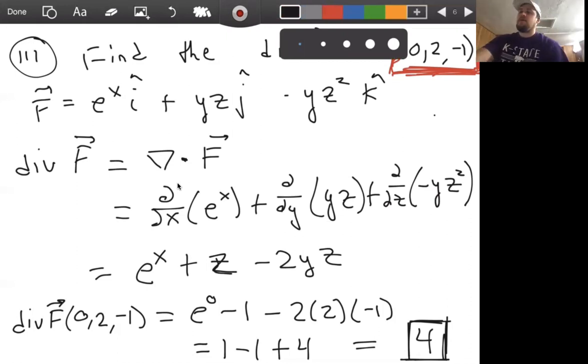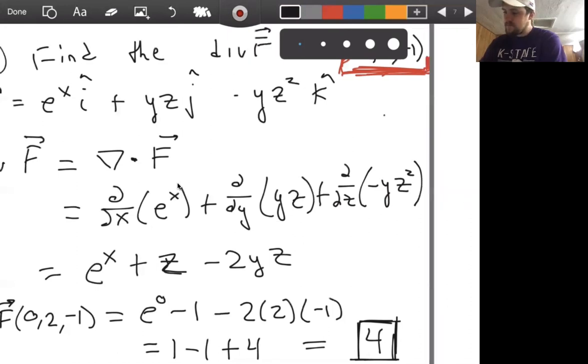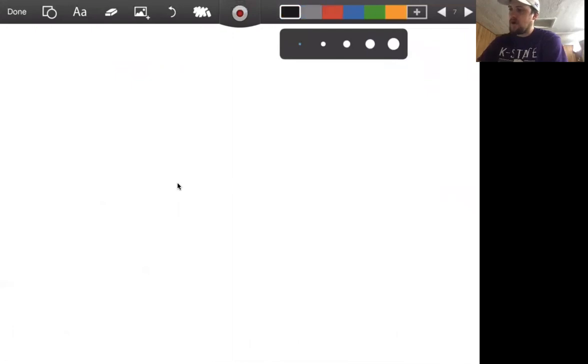Okay, there is one quick application that I would like to discuss, and then we can talk about curl, the other operation on vector fields that I would like to discuss today. And this is Gauss's law for magnetism.